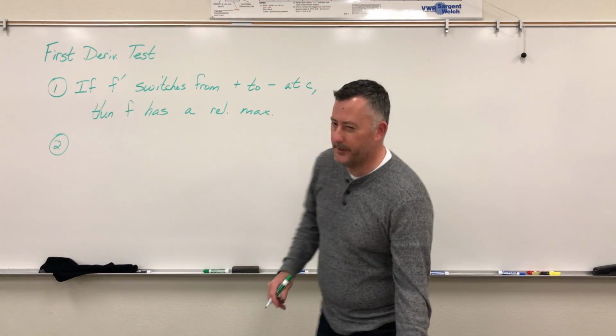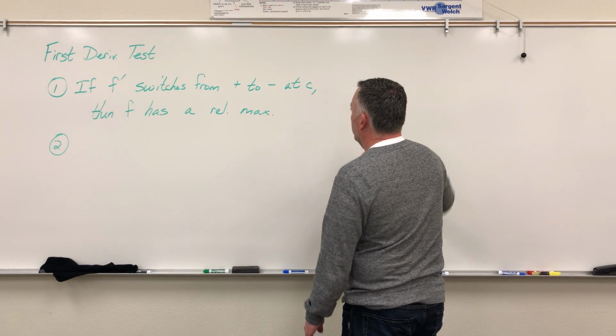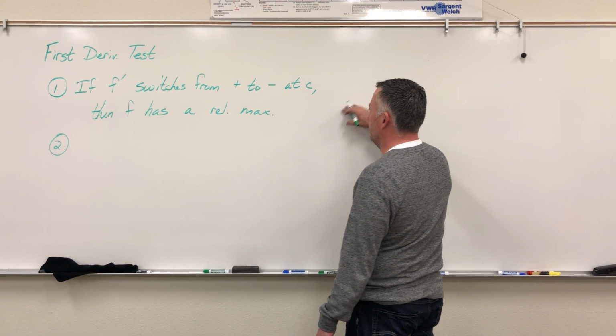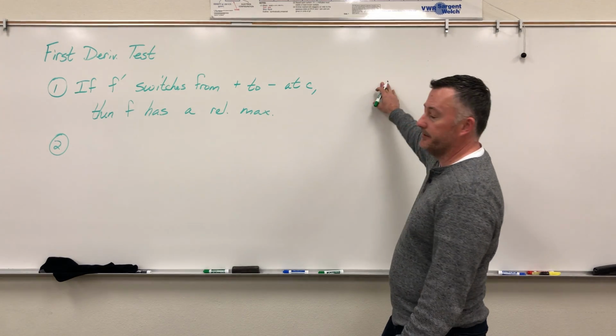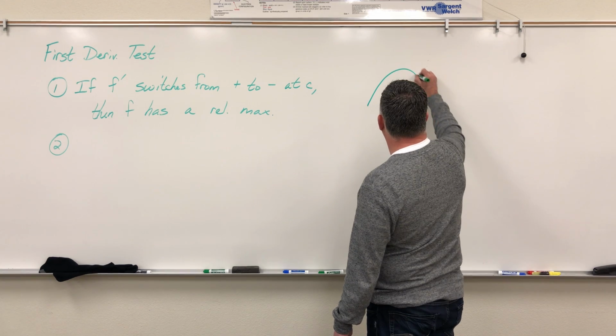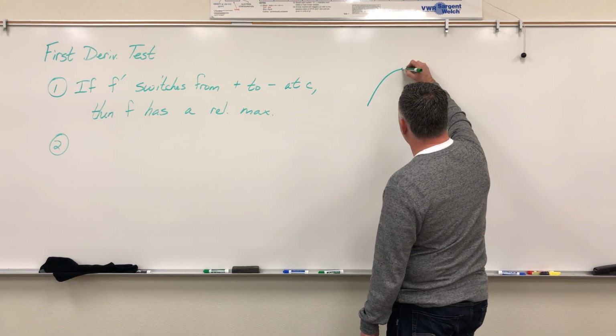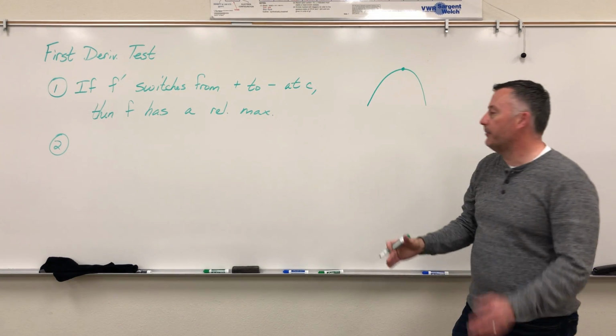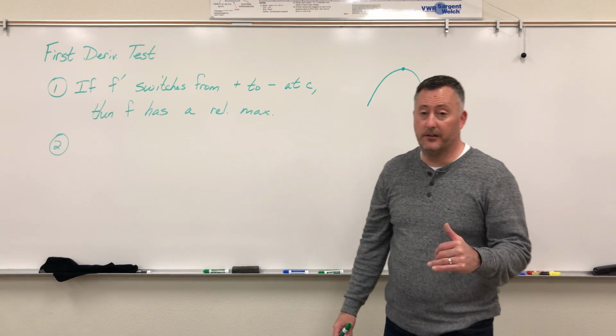Which should hopefully make sense, because if the derivative is switching from positive to negative, that means your function is switching from increasing to decreasing, so there's some sort of maximum right at the top of the hill.